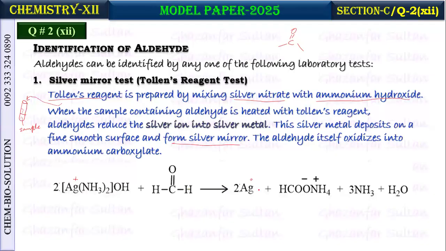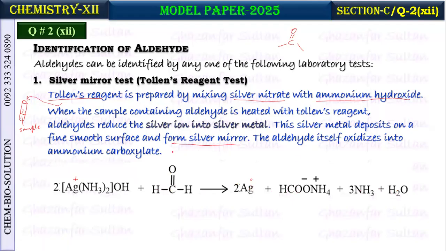So what happens? We produce the ammonium salt of the carboxylic acid. Actually, the aldehyde is converted into a carboxylic acid. If this is methanal, then methanoic acid; if it was ethanal, then ethanoic acid. So the respective carboxylic acid is obtained along with the liberation of ammonia gas, and water is produced.